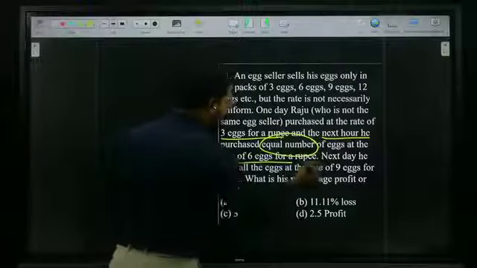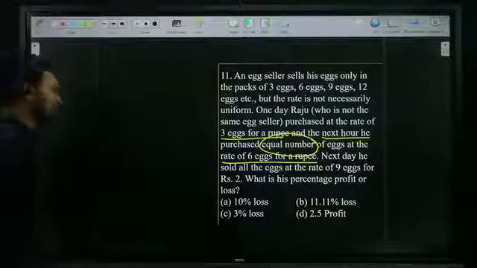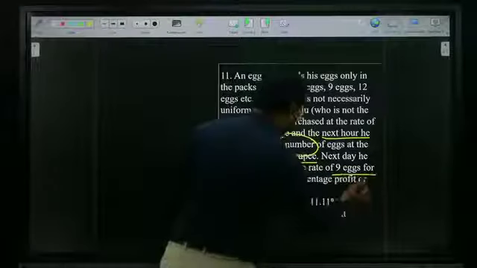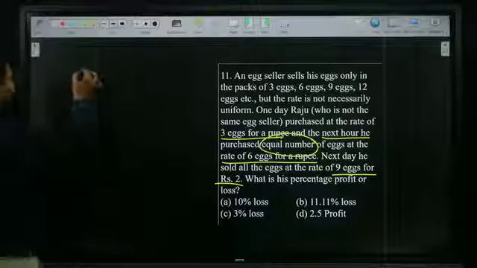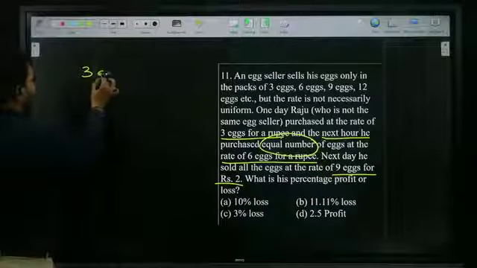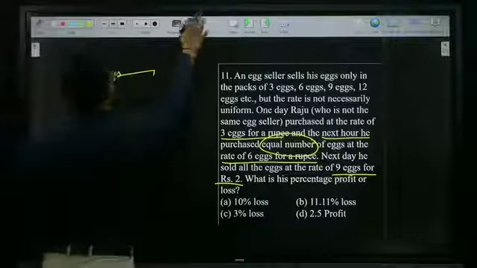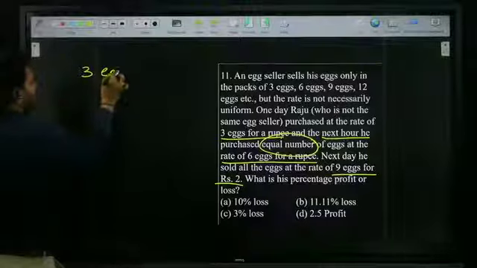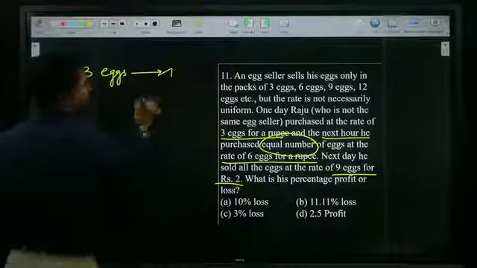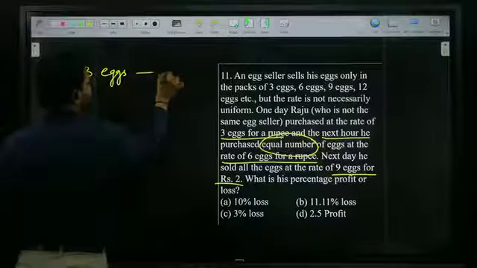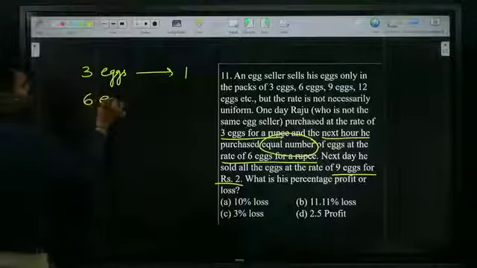So next hour he purchased at 6x a rupee and sold all the x at the rate of 9x for 2 rupees. 9x for what? 2 rupees. Generally, students are thinking, so 3x is 1 rupee, 3x is 1 rupee, 6x is 1 rupee.